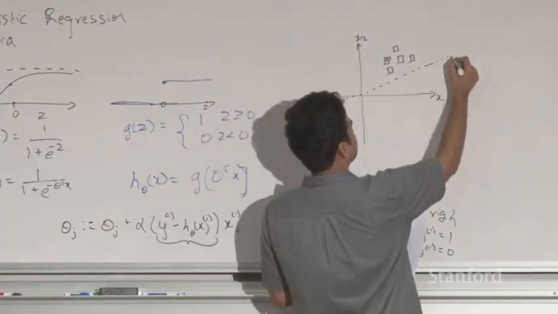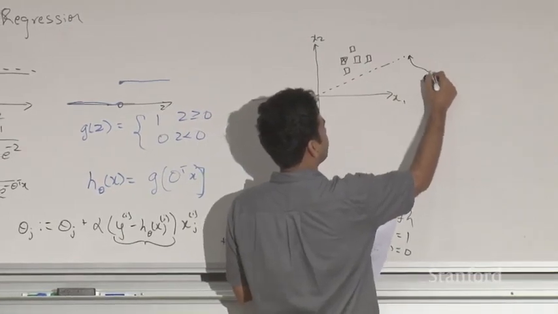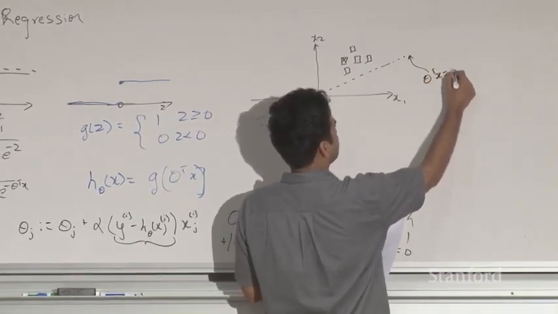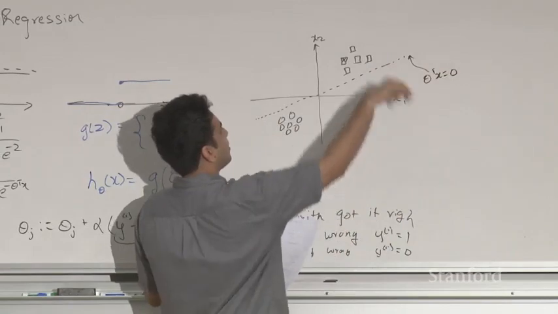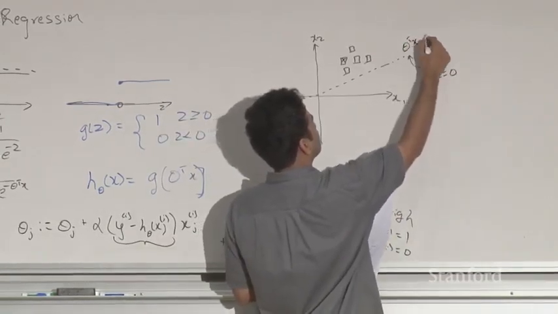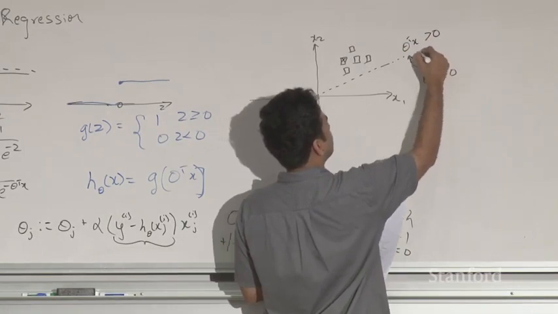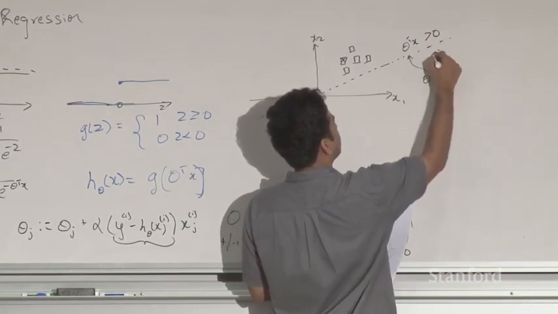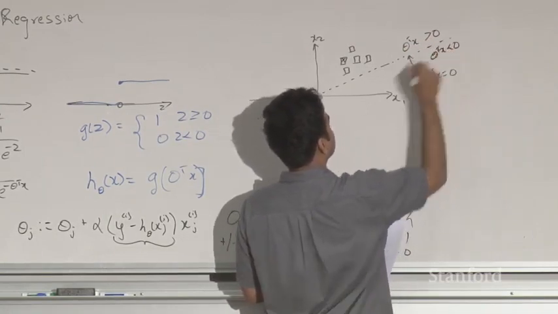So this represents theta transpose x equals 0, and anything above is theta transpose x greater than 0, and anything below is theta transpose x less than 0.